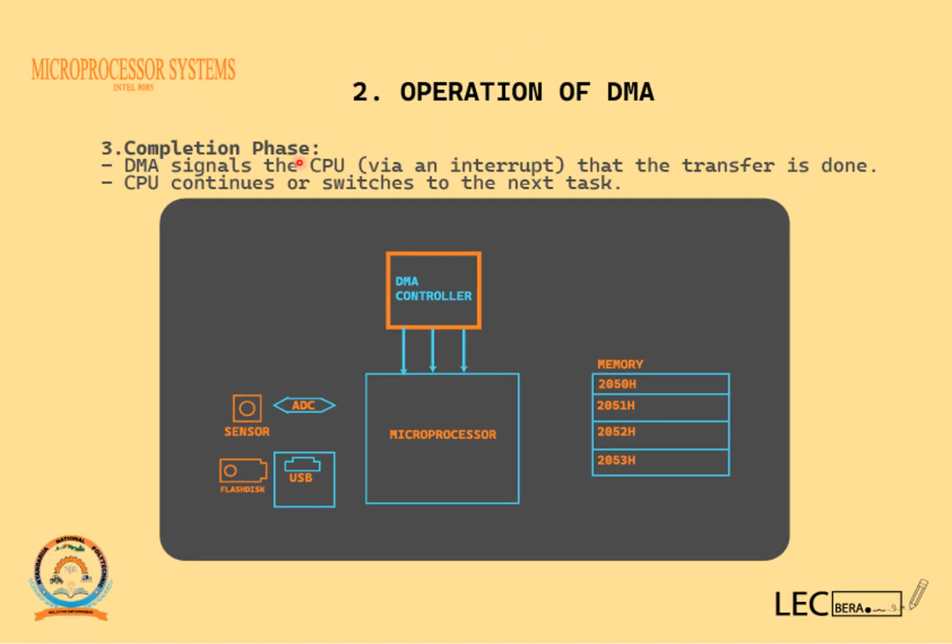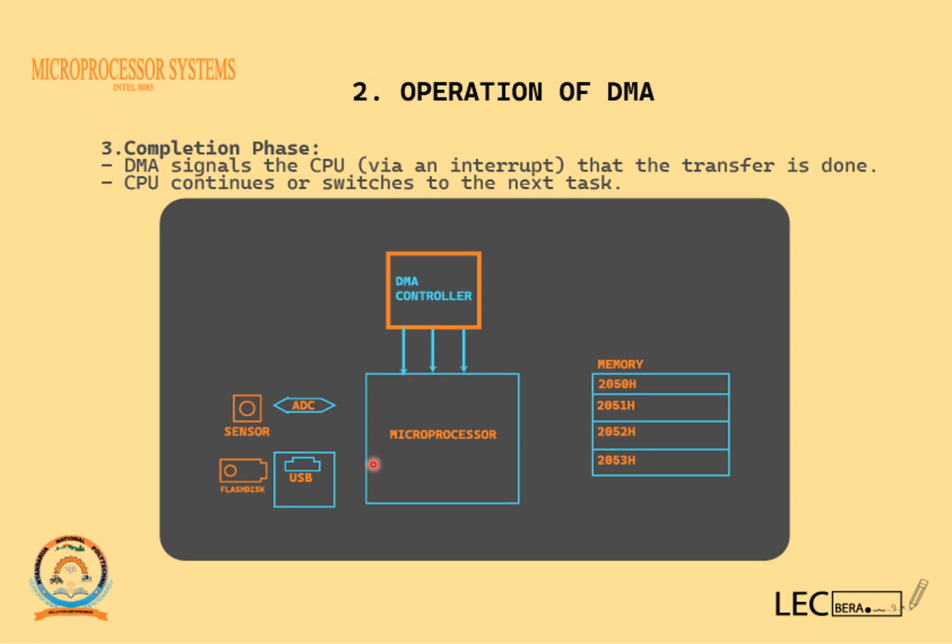And then the last phase of operation is the completion phase. After the transfer of data has taken place, the DMA controller is going to return the control functions back to the microprocessor. In the completion phase, the DMA signals the CPU via an interrupt that the transfer is done. The CPU continues or switches to the next task.